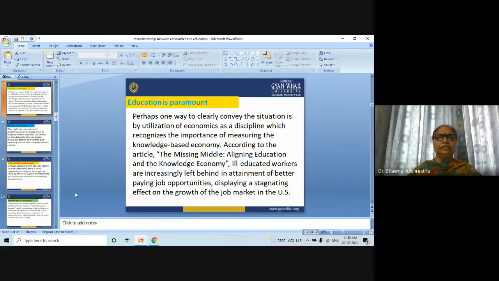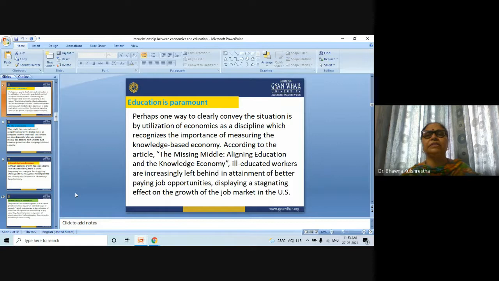According to the article, the missing middle, elegant education, and the knowledge economy, ill educated workers are increasingly left behind in attainment of better paying job opportunities, displaying a stagnating effect on the growth of the job market in the US.